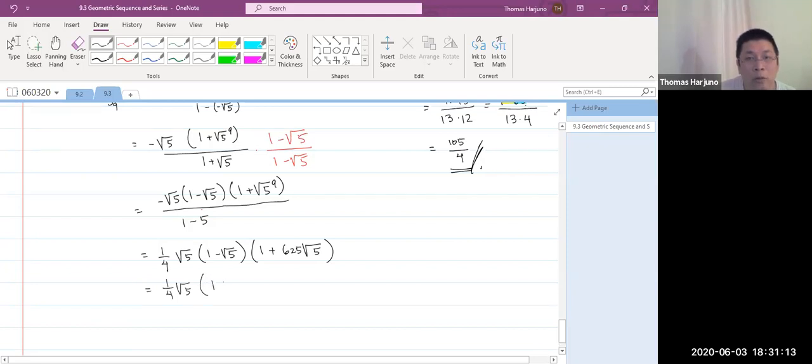This is 1 plus 624 radical 5 minus 625 times 3,100. 624 radical 5 minus 3,124.